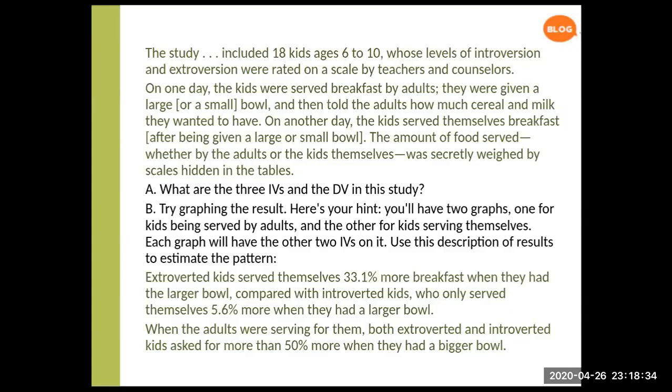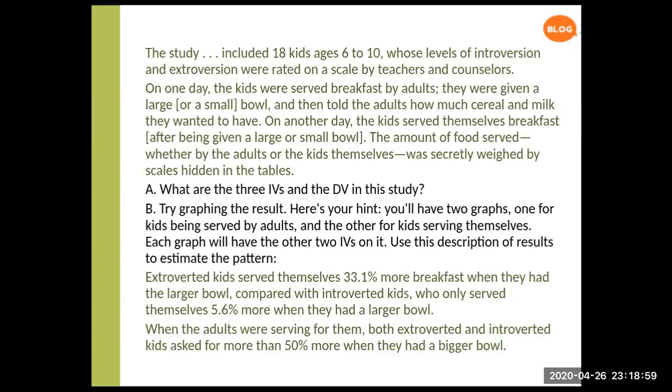Well, the amount of food served, which was weighed, that's going to give you the number. That's your dependent variable in this study. So we have 3 IVs. We had large or small bowl, right? That's 1 variable, which would be bowl size with 2 levels, large and small.